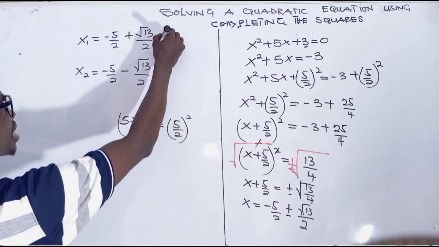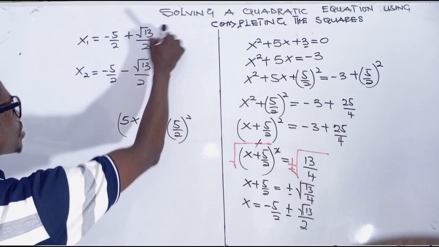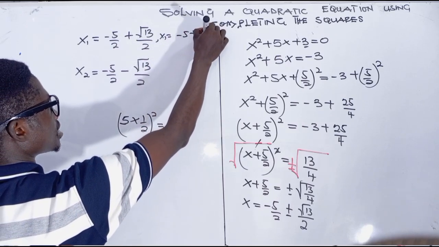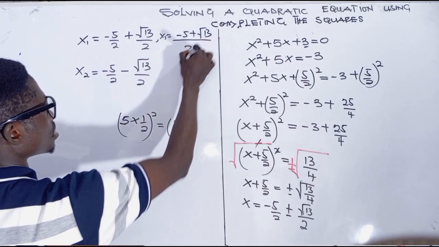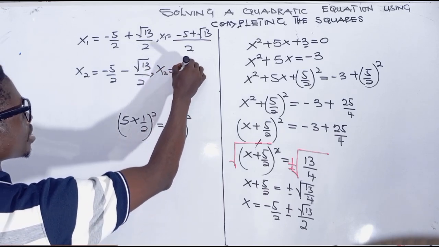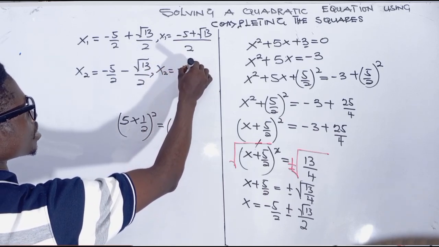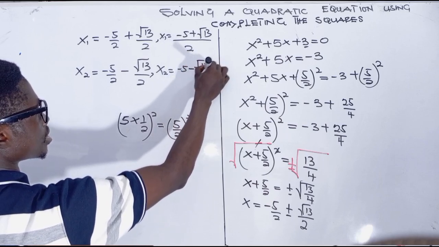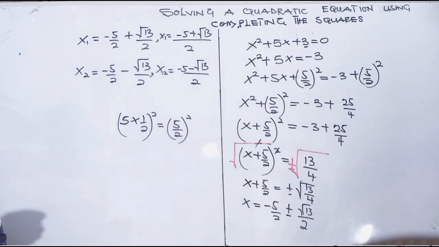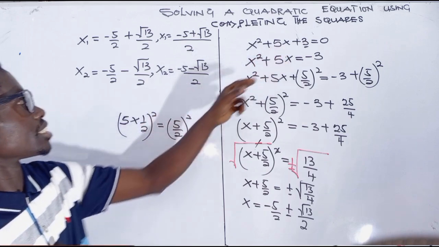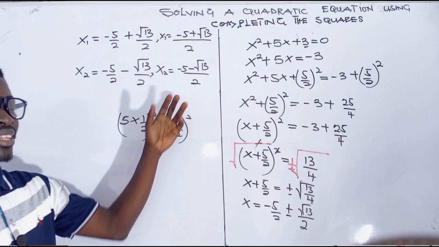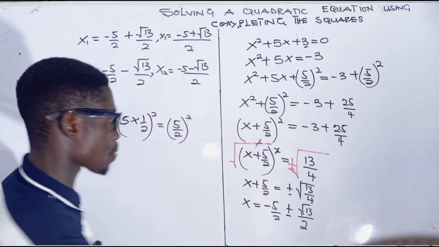Now when we simplify, we can see that our x1 is equal to minus 5 plus 13 all over 2. And from here, you can see that our x2 is equal to minus 5 minus 13 all over 2. So the value for x which satisfies this quadratic equation is either x is equal to this or x is equal to that. Let's look at one more example.